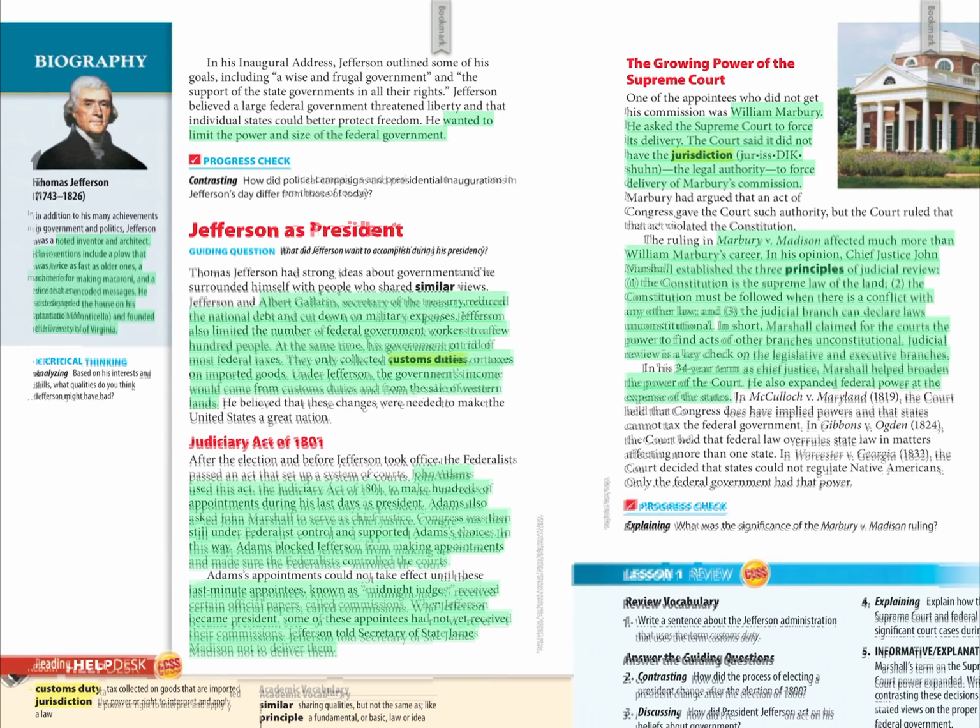So there was a little time in there where Adams knew he was out, but he still could make a big impact in the sense that he had what they called the Judiciary Act of 1801, where he made hundreds of last-minute appointments of judges, and also he made the Chief Justice of the Supreme Court be John Marshall. So he was trying to put Federalists in power in the judicial branch.